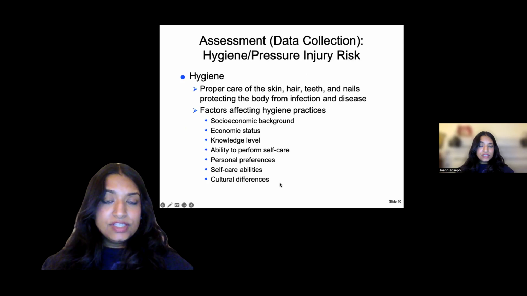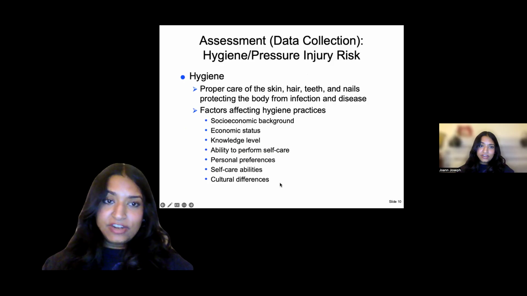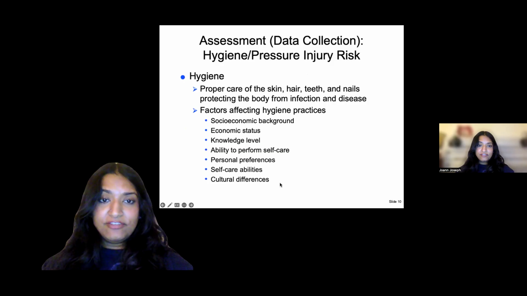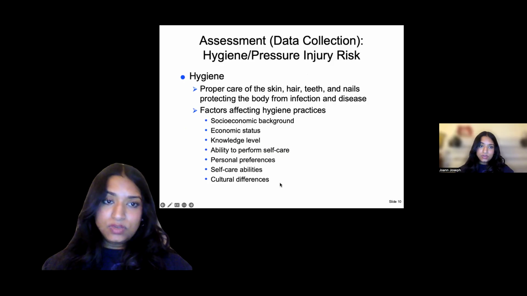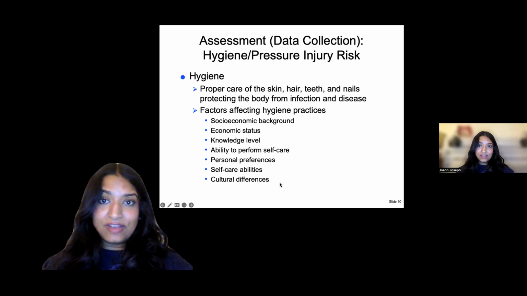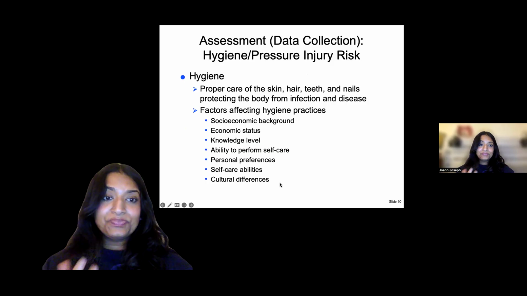So there's assessment here, which is our data collection, hygiene and pressure injury risk. So hygiene is proper care of skin, hair, teeth, and nails, protecting the body from infection and disease. There are factors affecting hygiene practices. So socioeconomic background: if you do not have money to take care of yourself, how can you do that effectively?